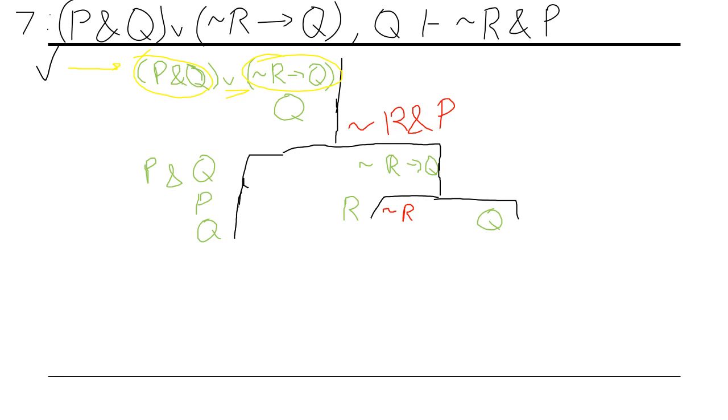Now let's look at our conclusion, because this premise doesn't need anything. So this one is what we need to focus on now. So we have a not R and P. So what makes an ampersand false is where one of them is false. So not R, P, and I gotta do this on each of the branches.